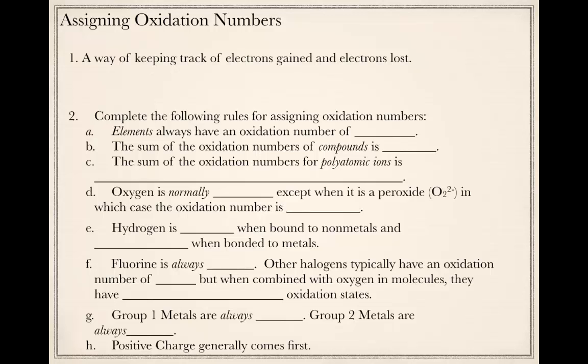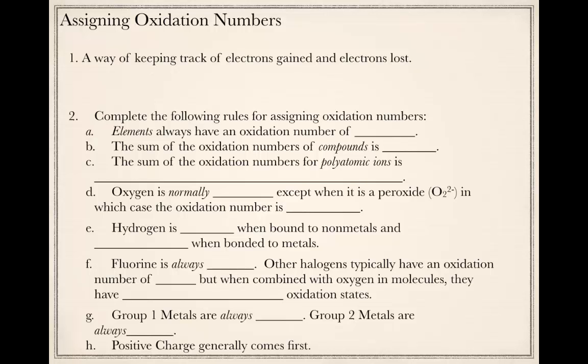We also call these oxidation states. By assigning these oxidation numbers, we're able to keep track of what atom, what compound, has oxidation occurring in it, while we're also able to keep track of what atom has reduction occurring.